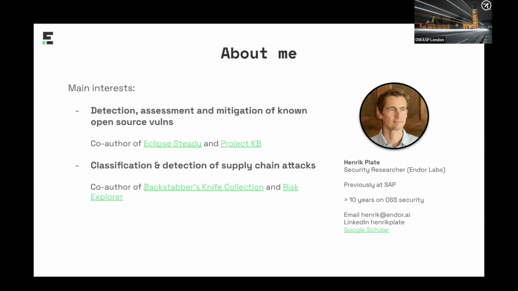It's this function level reachability solution just for Java. And the other one, Project KB, is a data set of fixed commits for vulnerabilities in open source solutions. It contains a couple of thousands of fixed commits for a couple of thousands of vulnerabilities, and that is useful input for researchers in order to develop these program analysis solutions.